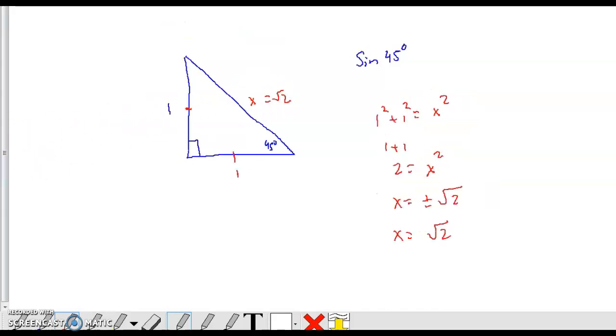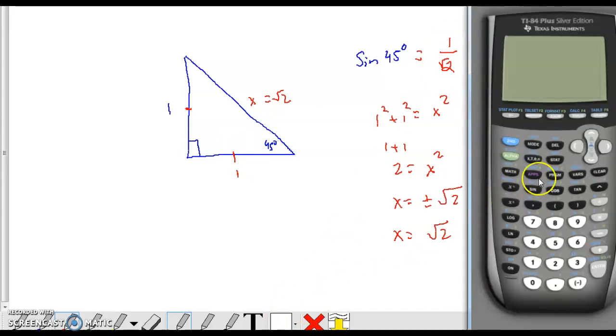And so sine of 45 will be opposite over hypotenuse, 1 over root 2. And if we come to our calculator and test sine of 45, again, weird looking decimal, but if I say 1 divided by the radical of 2, I'm going to get the same value.